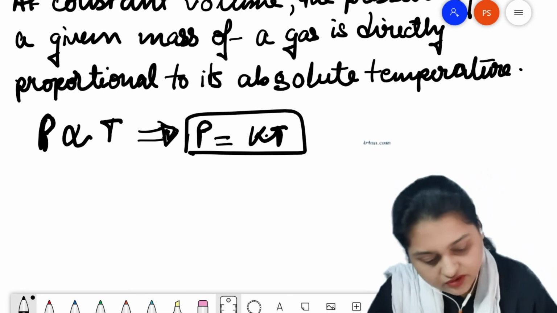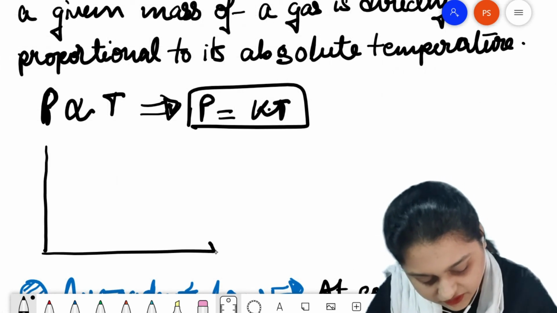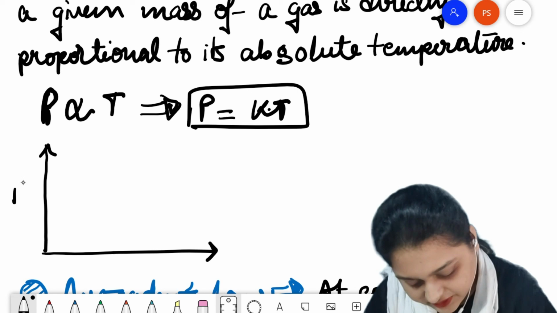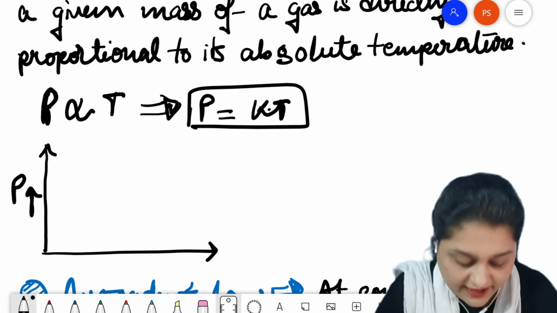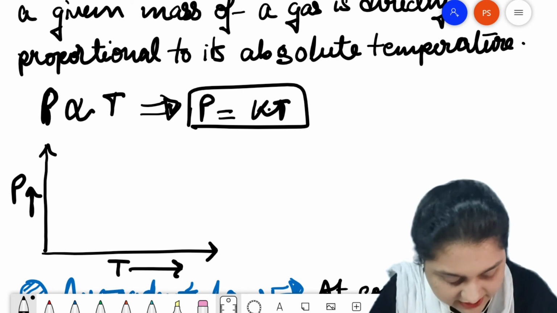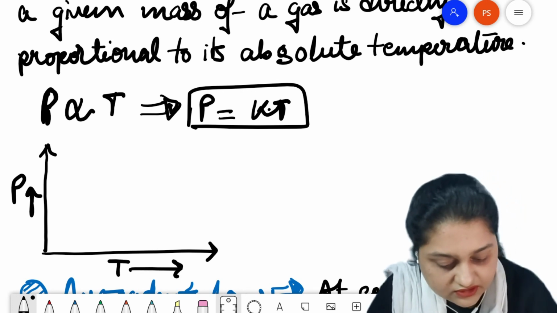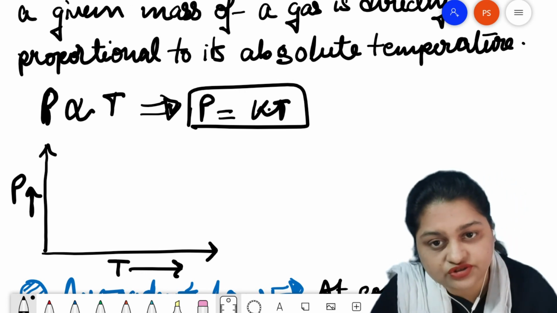To graphically plot this, you can take a P versus T graph, where P is represented by the y-axis and absolute temperature T is represented by the x-axis. Now this is also a y equals mx kind of straight line equation starting from the origin.